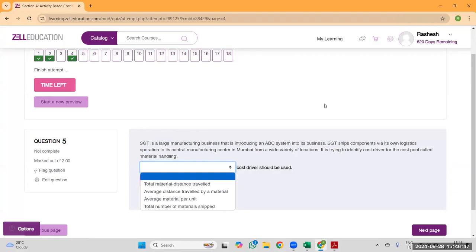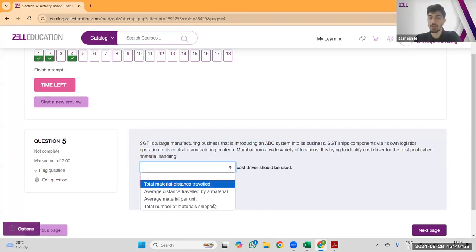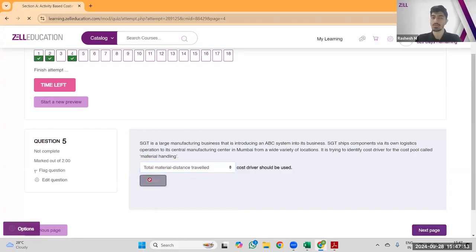It can never be an average. Average will never be your answer. In this case, material distance, a composite cost unit, is fair. Because material moves across locations, both the distance it travels and how much material travels would ideally be your answer.